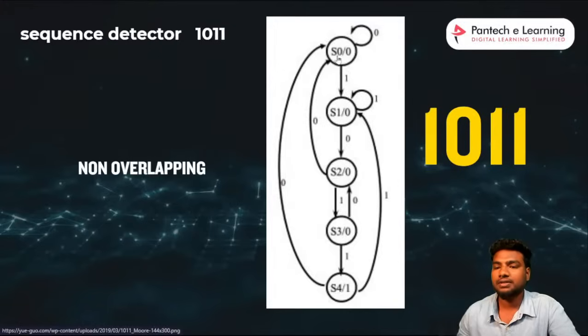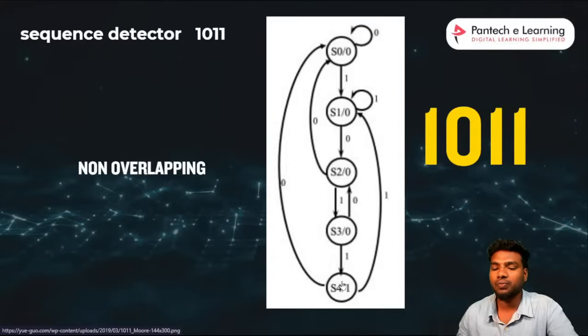You can see here S0 by 0, which means this 0 refers to the output. If I successfully detect the sequence 1 0 1 1, I have to assign output equal to 1, otherwise 0.